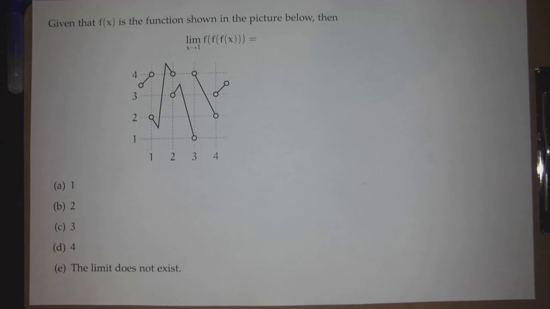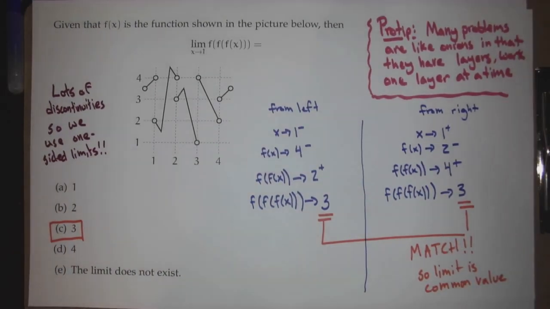Okay, so what's the limit as x approaches 1 of f of f of f of x? 1, 2, 3, 4, does not exist. The answer is C. There you go. So we'll scan that so you can take a look at it. It's a fun onion problem.